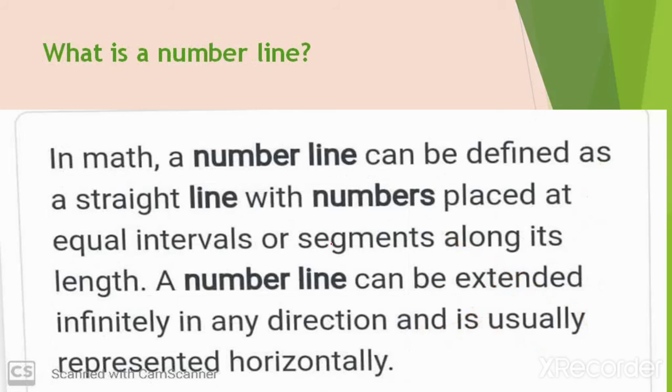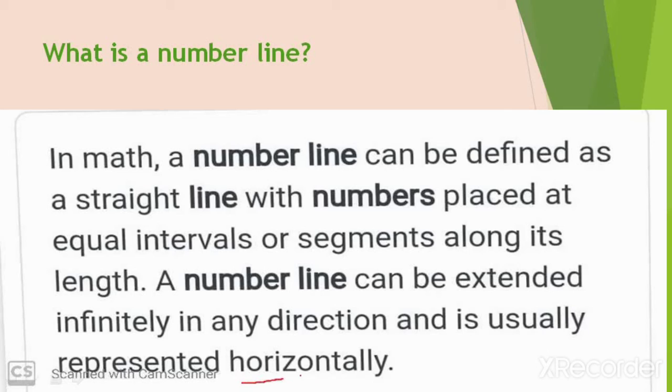Okay? Now, what is number line? In math, a number line can be defined as a straight line with numbers placed at equal intervals or segments along its length. A number line can be extended infinitely in any direction and is usually represented horizontally.